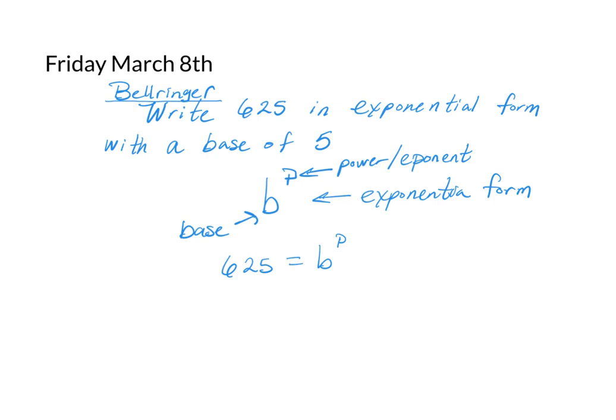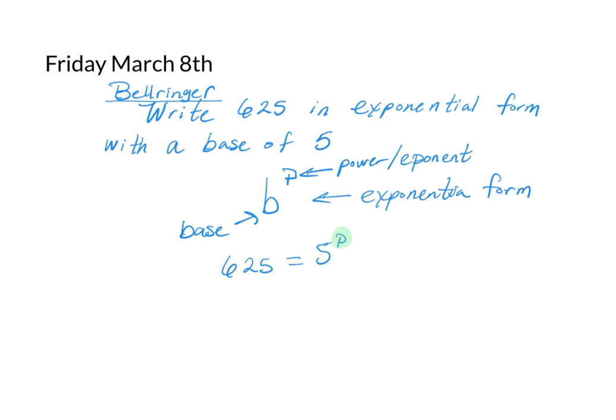Our problem states that we want the base to be 5. So let's go ahead and take our b off and change that to a 5. So what we need to know is, what does the number p have to be in order for the expression to equal 625?